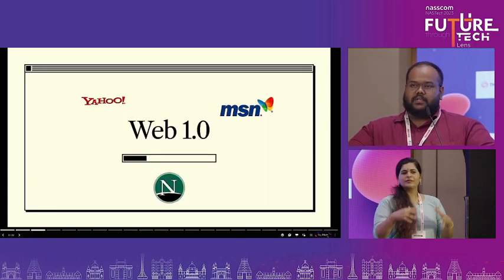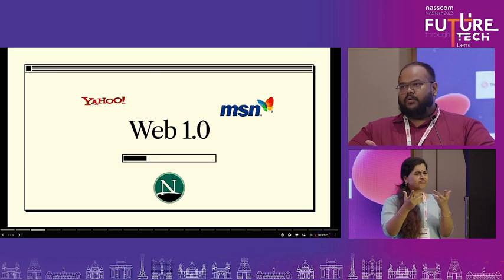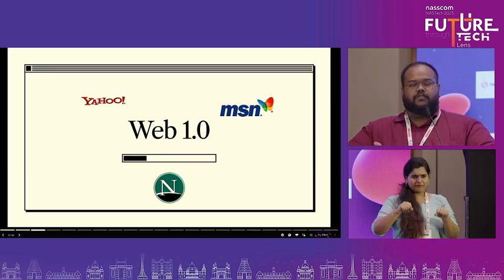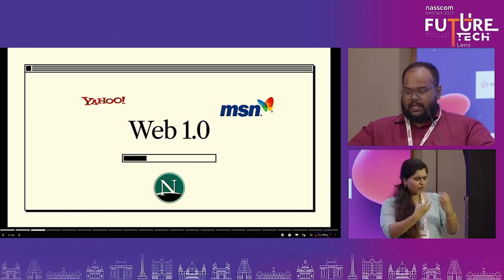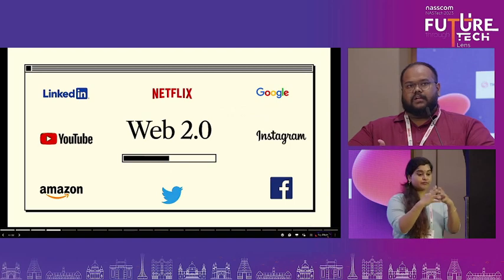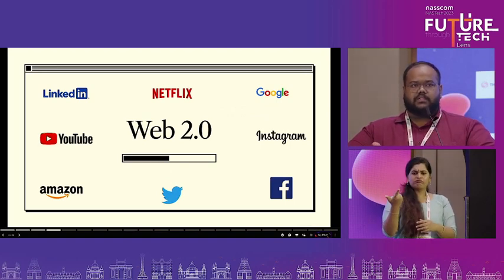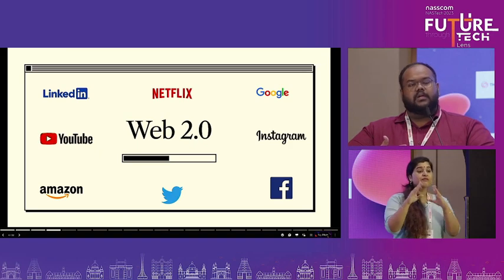What is Web3 actually? Web 1.0 is where people started reading a lot of blogs and a lot of information. I would call it the internet of information. Web 2.0 was when user-generated content started coming onto the platforms, be it the Instagrams, Facebooks, YouTubes of the world.